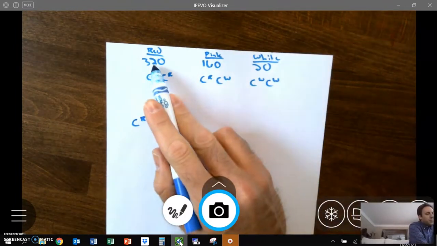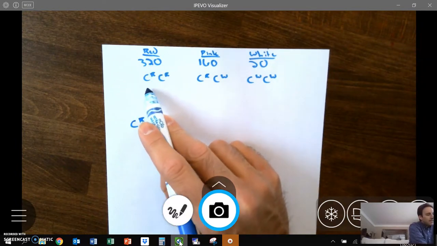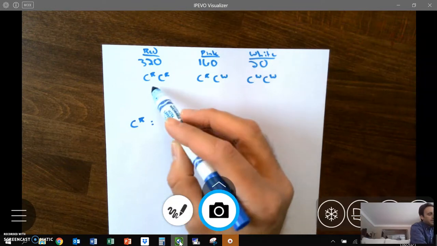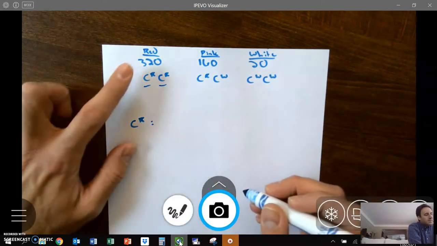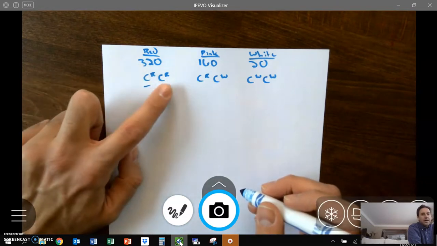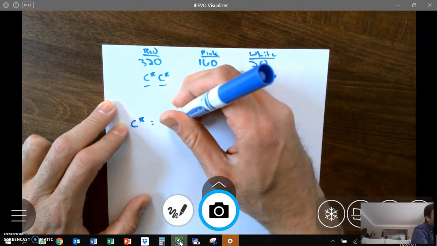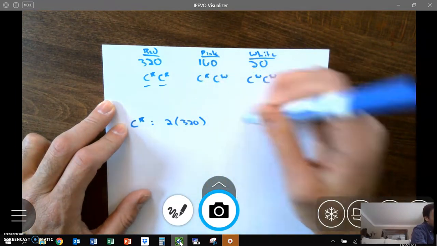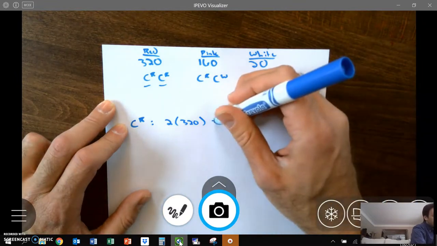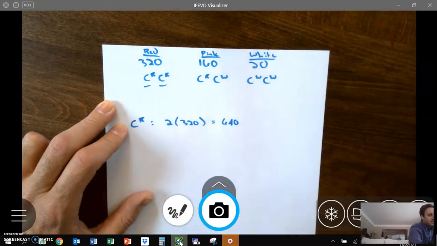there were 320 red flowers in that population, and each red flower is homozygous for this allele, right? So there's one here, two here. Each of these 320 has 2 copies of that CR allele. So there are 2 alleles times 320 individuals, so that's going to be 640 copies of that allele.